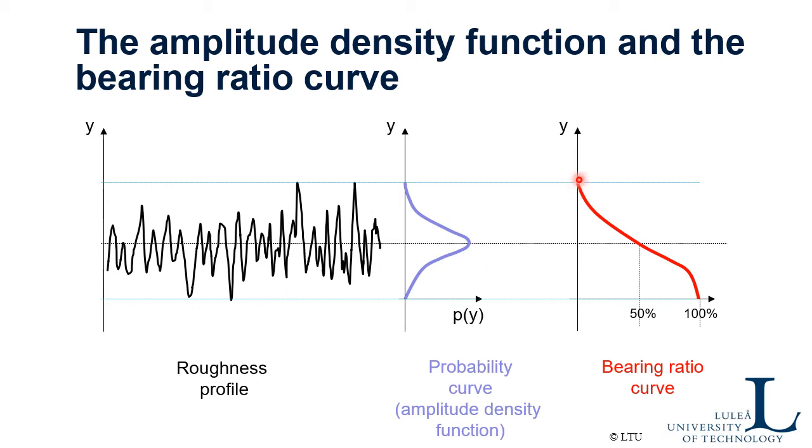So the shape of this curve tells you something. It tells you about the peakiness, for example, and how deep the valleys are. So the bearing ratio curve, or the Abbott curve, is used relatively often when you really need to define the surface roughness in a much better way.